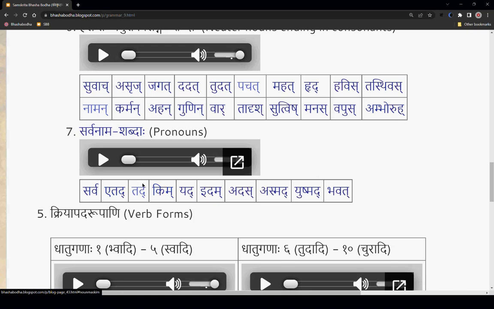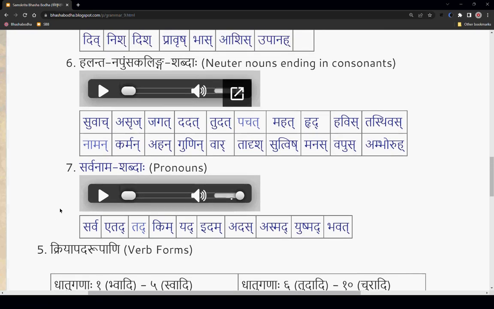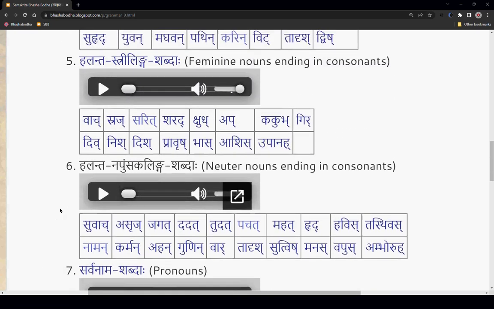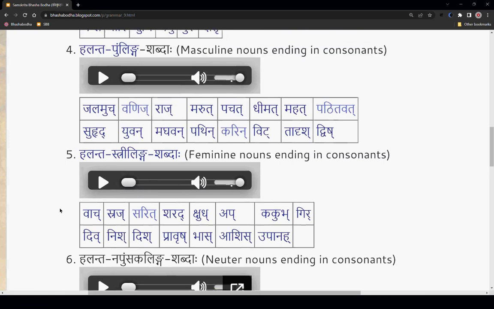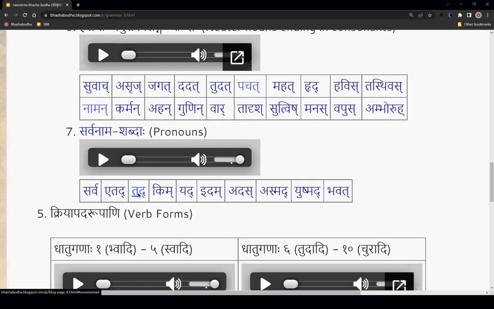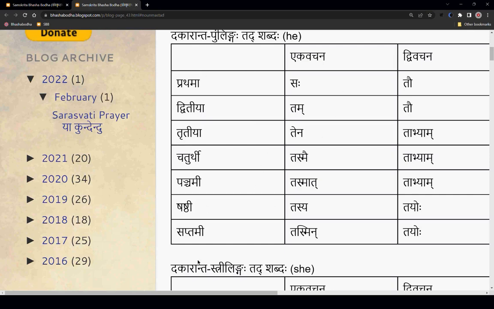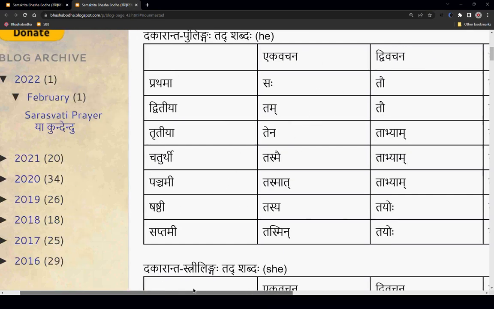For example, so again you write this saha. Saha is a form of this tad. Tad is the pratipadikam. Here pratipadika rupas are given. These are the base noun forms called pratipadikam. If you open this tad, you will see here pullinga. Tad is sarvanama.